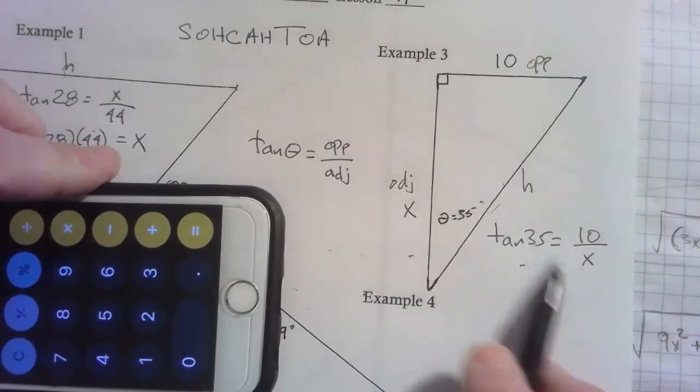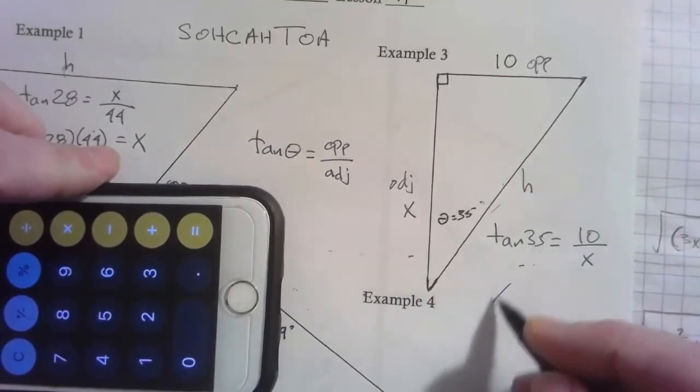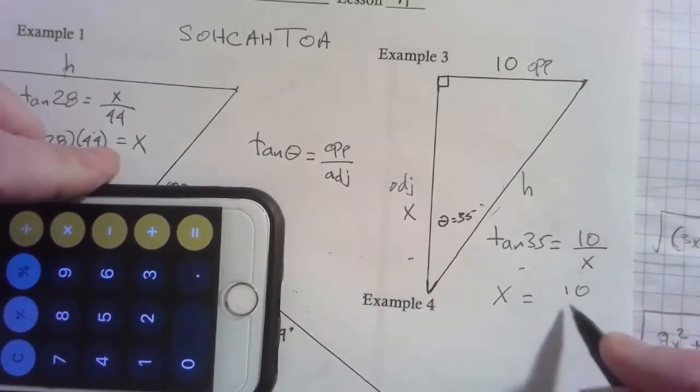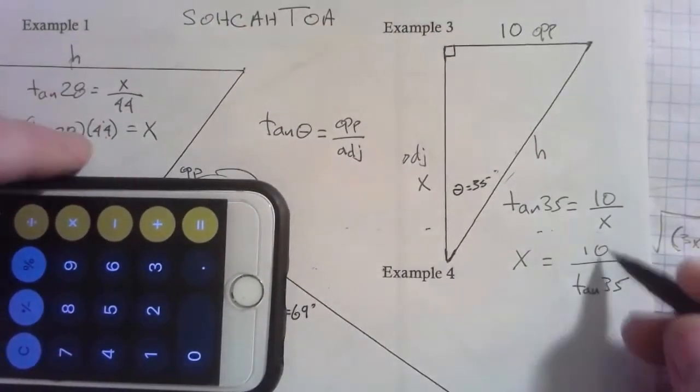Now, we've been through this a few times, so hopefully you remember that this and this can just switch places. I can write the x there, and I can write tangent of 35 down there, which I can do in a calculator.